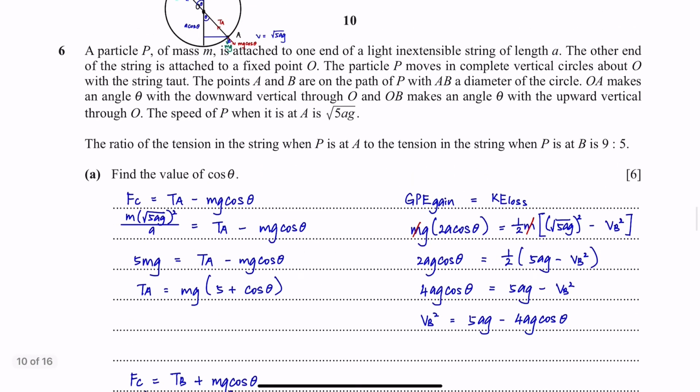And from the question, we know that the ratio of the tension in the string when P is at A to the tension in the string when P is at B is 9 to 5. What does that mean? It means that TA over TB equals to 9 over 5. Alright, so this means that TA is equals to 9 over 5 TB.